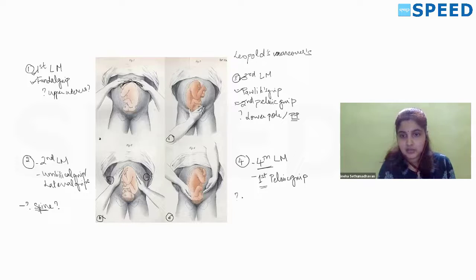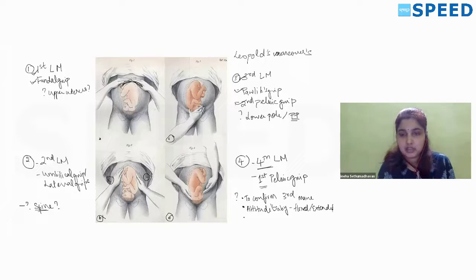And this is done first to confirm the third maneuver's finding, to see if it is what the presenting part is, to confirm the presenting part. Second, to determine the attitude of the baby's head or the presenting part. By attitude, I mean if the baby's head is flexed or extended.